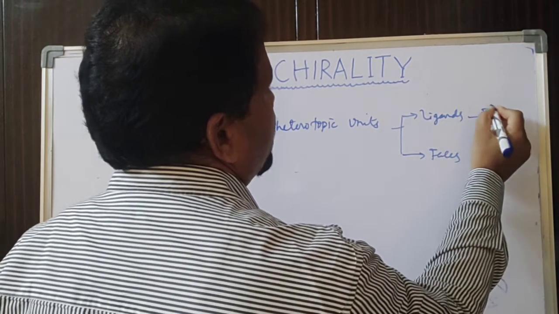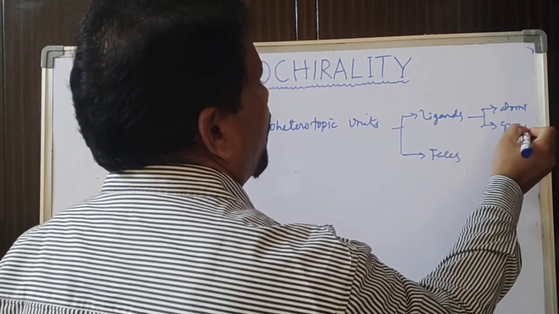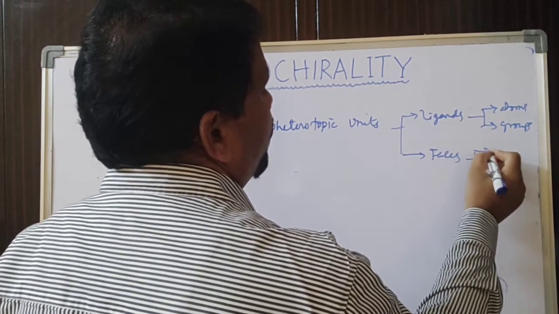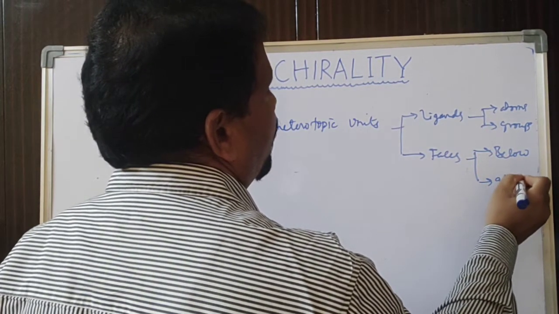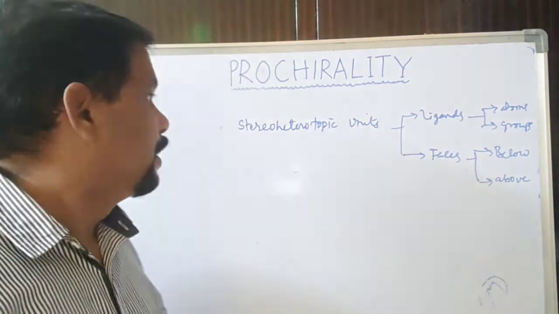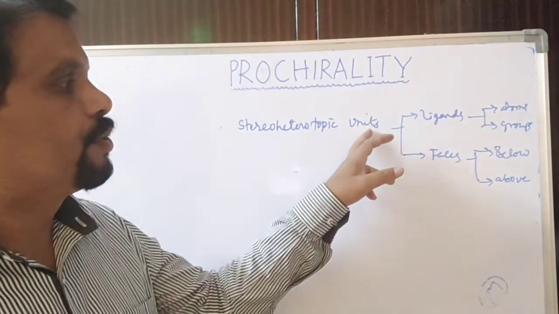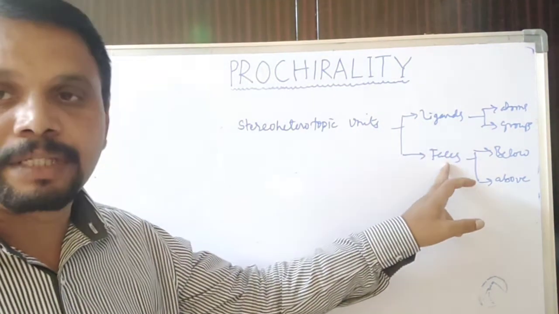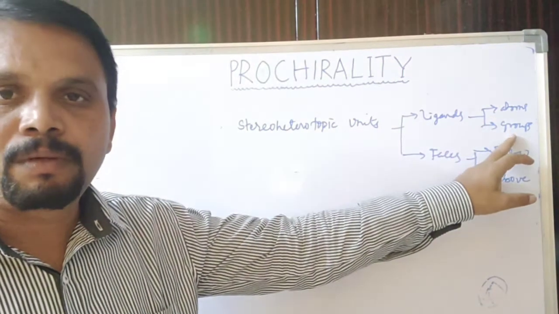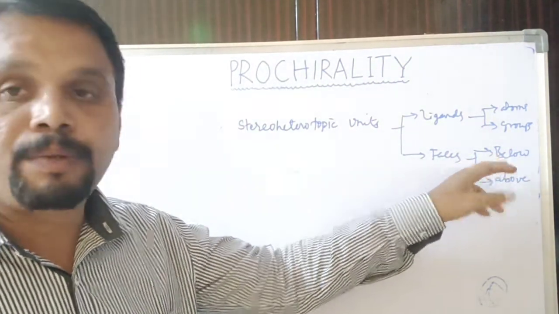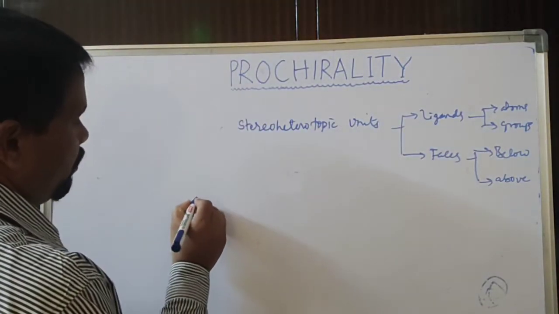Ligands may be considered as atoms or groups. Faces may be below the plane or above the plane. Okay. Stereoheterotopic units means units may be ligands or faces, whatever it may be. So I'll give you one more example.